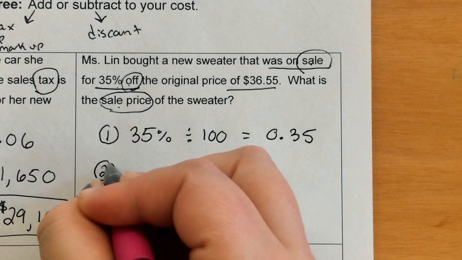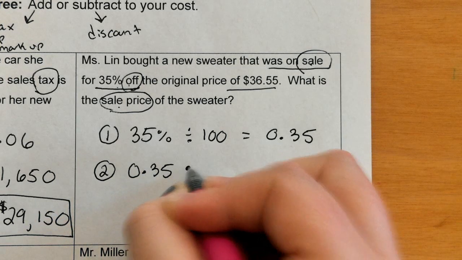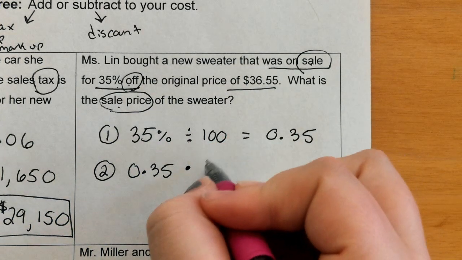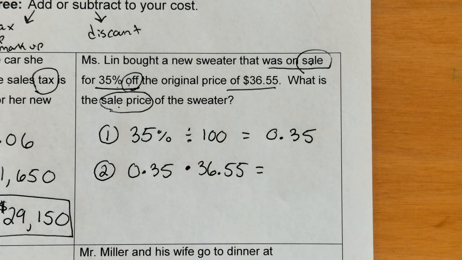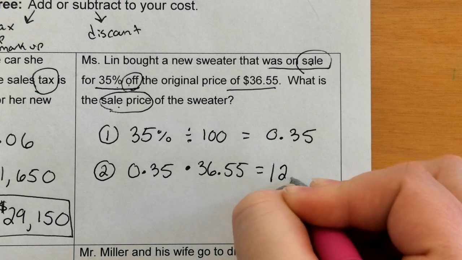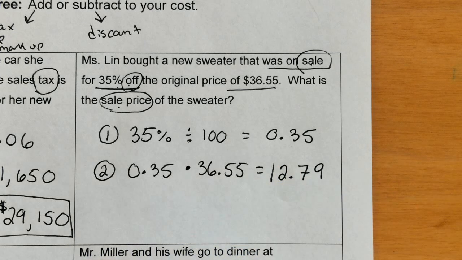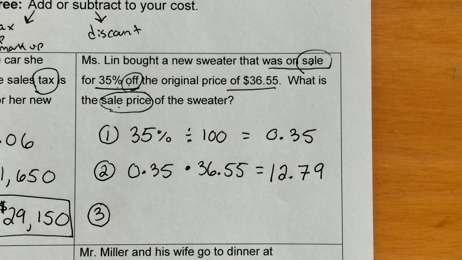Our second step, we're going to take that decimal that we just got and multiply it by our cost. Our cost is 36.55. 0.35 times 36.55, we get 12.79. Our third step is to add or subtract this to our cost.